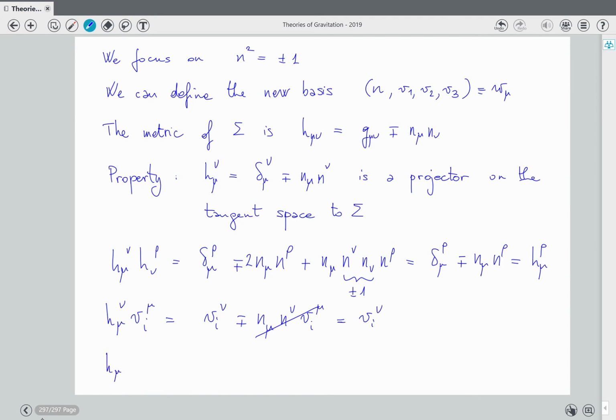Instead, if we act on the normal, n^mu, we get n^nu minus plus n^mu n_nu n^mu. And again, this thing is equal to plus or minus 1. So minus plus times plus or minus is minus. And so that is 0.